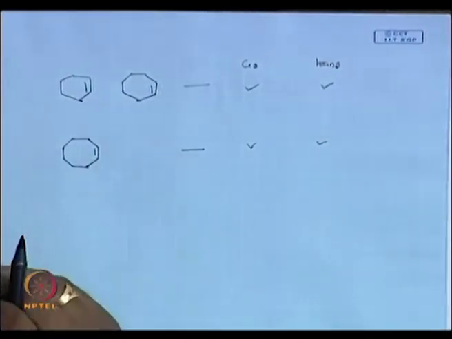So, up to this you should have an idea, like you have 3, 4, 5. So, the borderline becomes around 6, 7, 8. That is good. Now we will get into examples of cyclic systems and see whether we can really draw cis and trans forms of it.